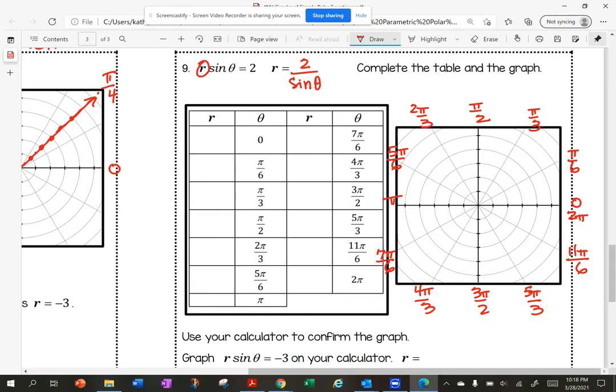So to put these in our calculator, we're going to divide these out. I'm going to take 2 and take the sine of 0. So 2 over the sine of 0, I'm going to see my radius is undefined.